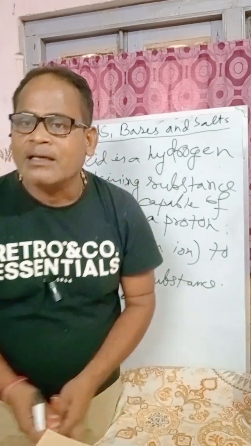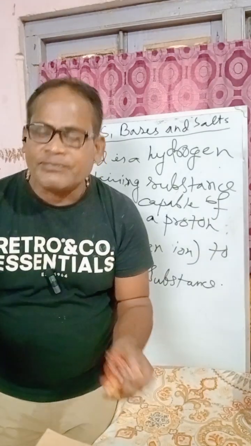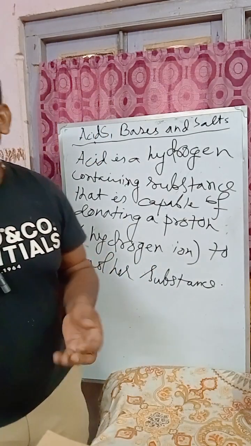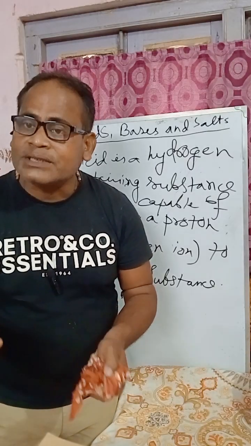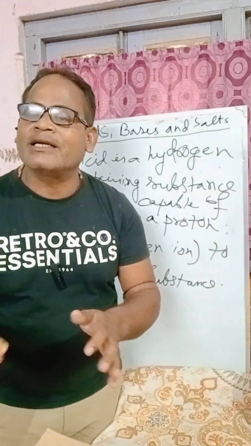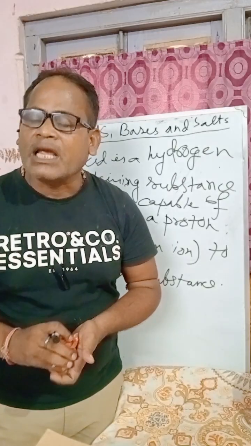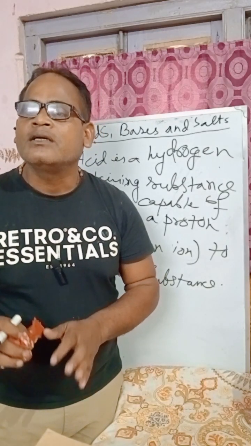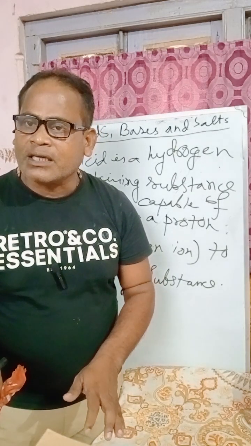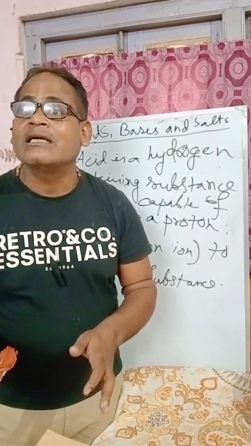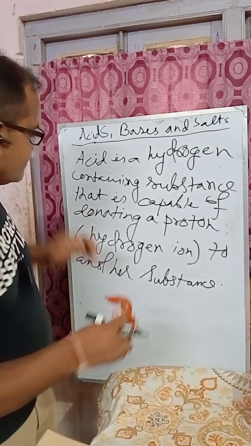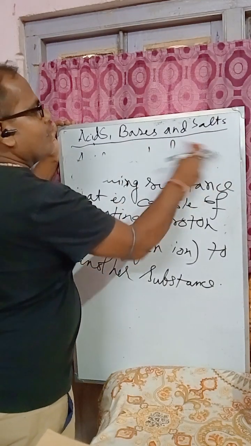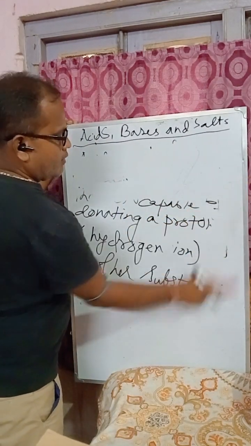So you have got the definition of what is acid: acid is a hydrogen containing substance that is capable of donating a proton, that is hydrogen ion, to another substance. Am I clear? Any problem? No. Okay.